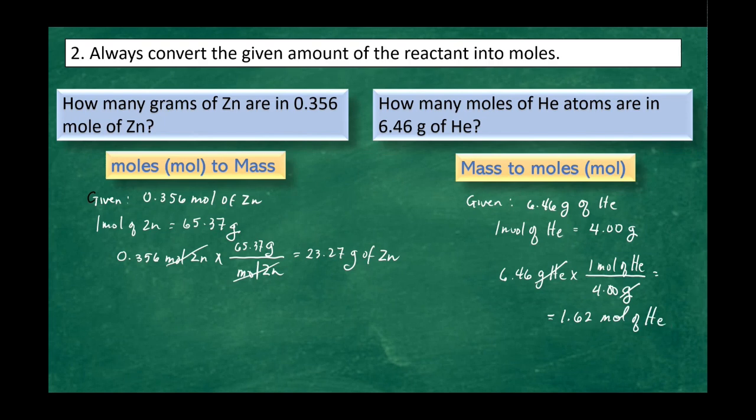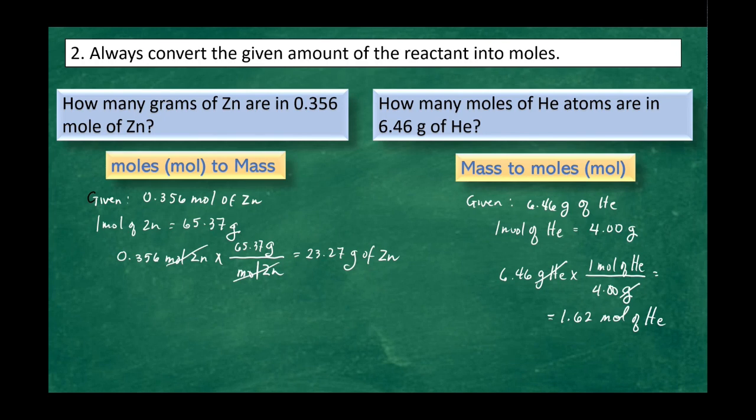So any question about this one? Clarification? Confusing? If not, thumbs up. Miss, yes po. On the final answer for zinc, the 23.27, can it be rounded off, like 23.3 grams?